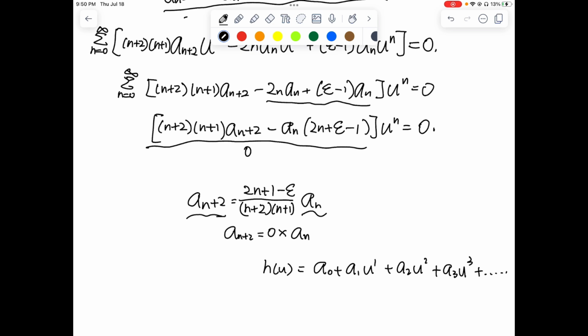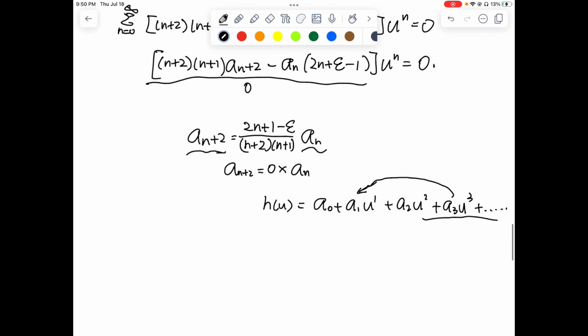So we want this coefficient to be 0, so that the series doesn't go on forever. If we want to make this 0, then 2n plus 1 minus epsilon has to be equal to 0.